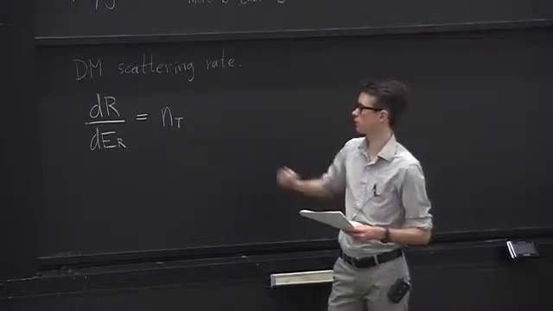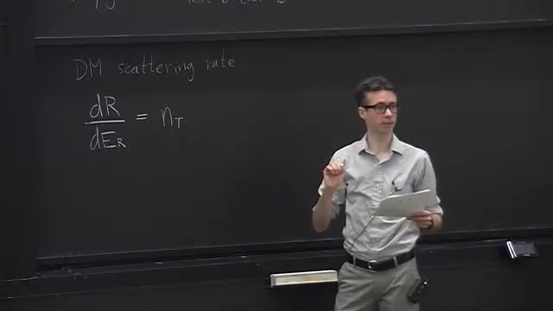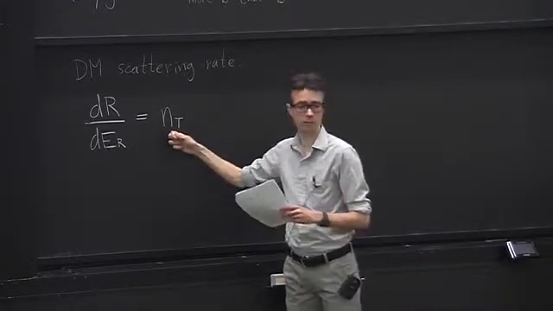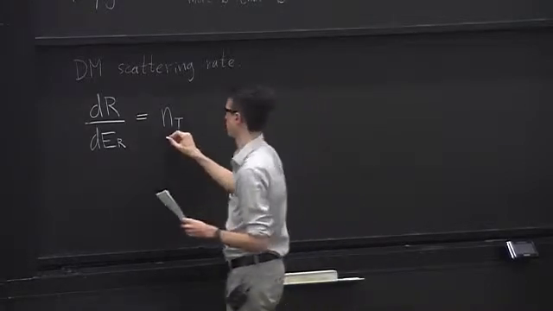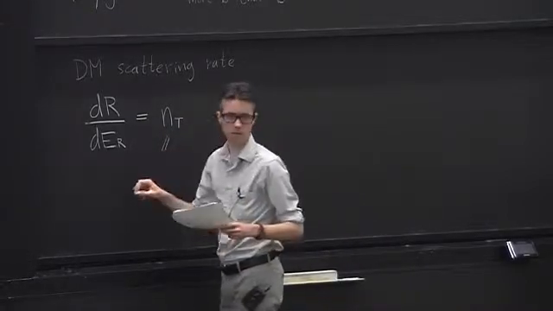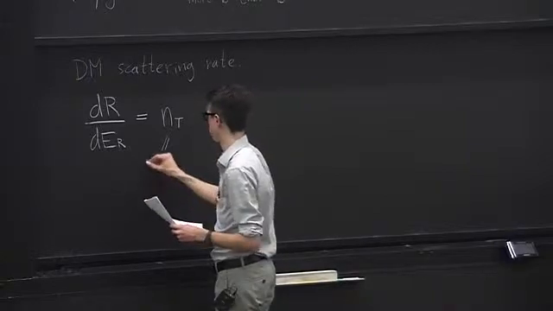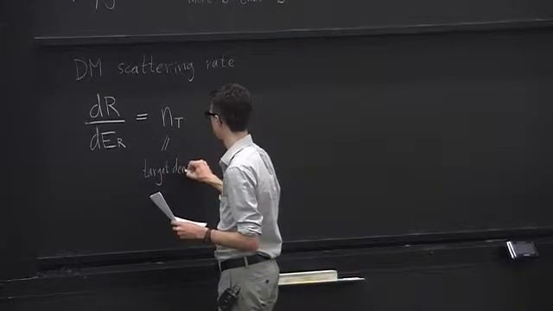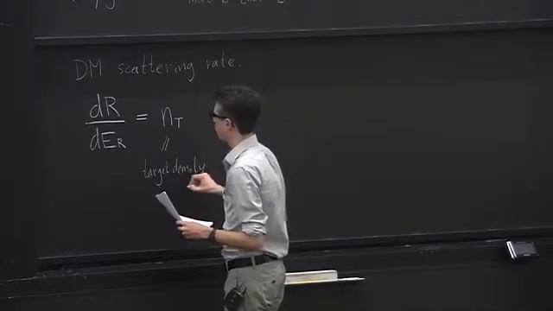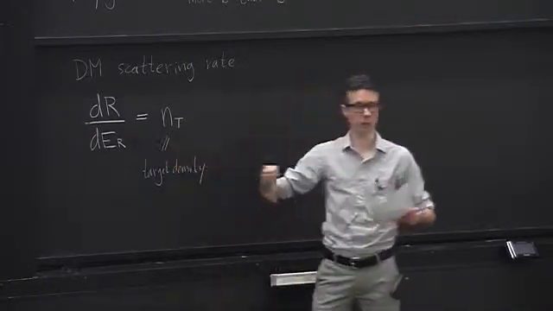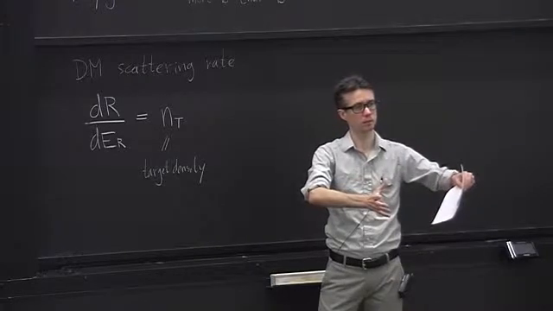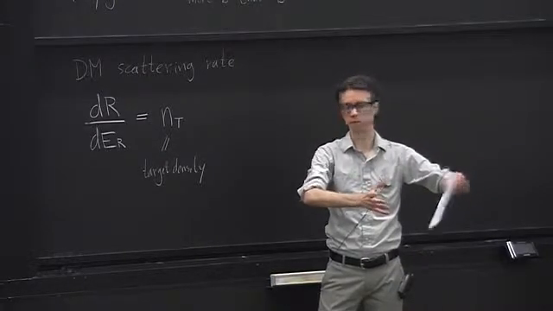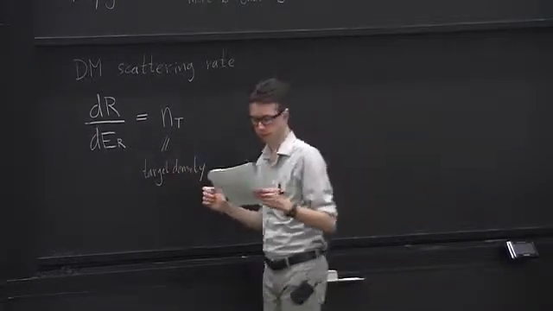So specifically, it's the rate per unit target mass. So this is the target density. By multiplying by the target density, we normalize to the rate per target mass. And the rest of the rate is just going to be the dark matter flux impinging on us multiplied by the scattering cross-section, or in this case, the differential scattering cross-section.